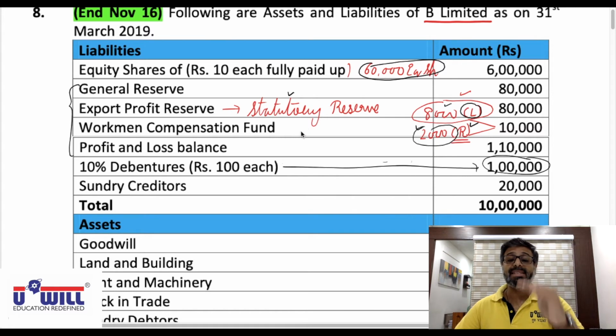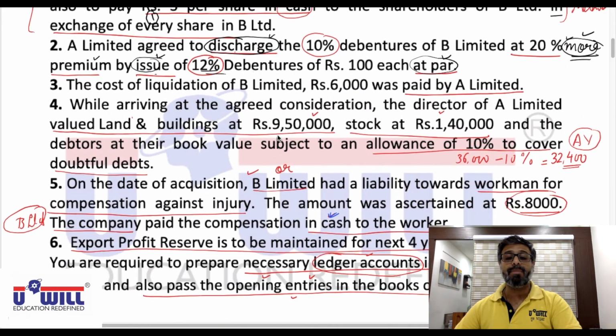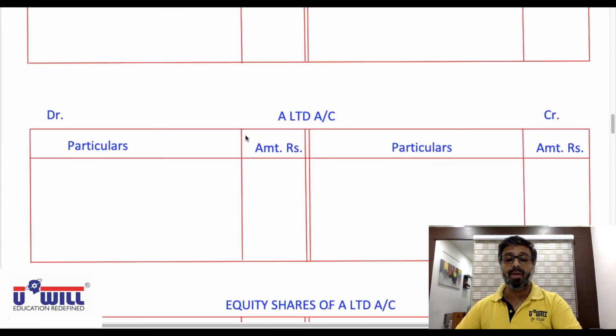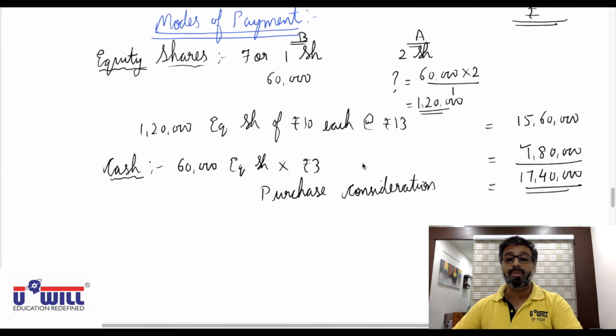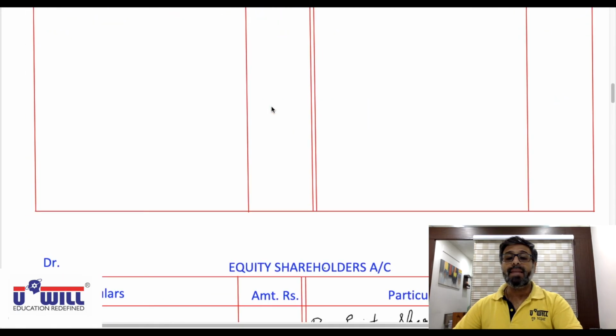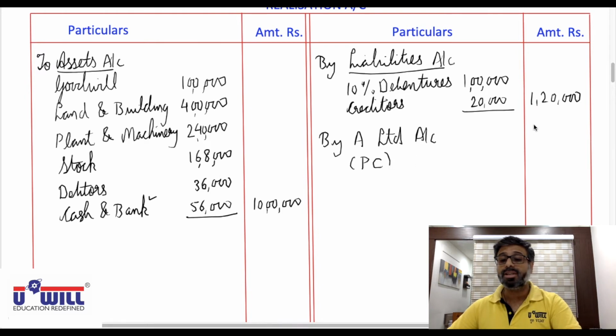Now, if you remember, 7 and 8 are for purchase consideration. So the seventh entry for purchase consideration due: transferee company account debit, means here A limited account debit to realization account. And what is the purchase consideration we obtained in the workings? 17,40,000. A limited account debit to realization, so realization on the credit side by A limited account in brackets purchase consideration 17,40,000.